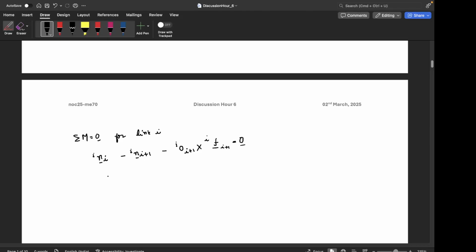Basically, the moment at the inner joint, closer to the base, is the moment due to the reaction and the moment due to the force. So this is the second equation.